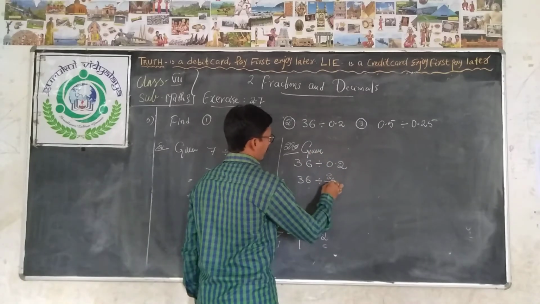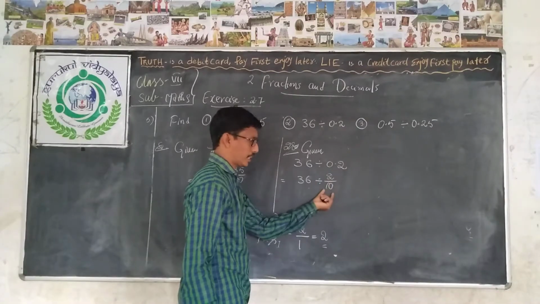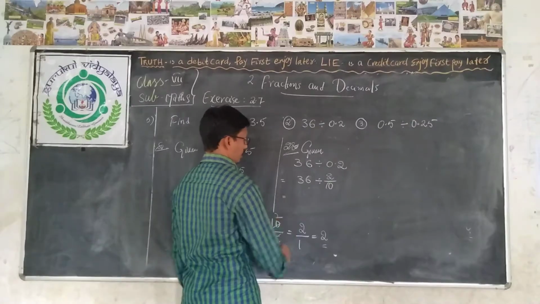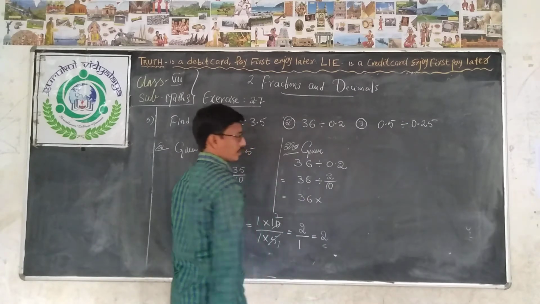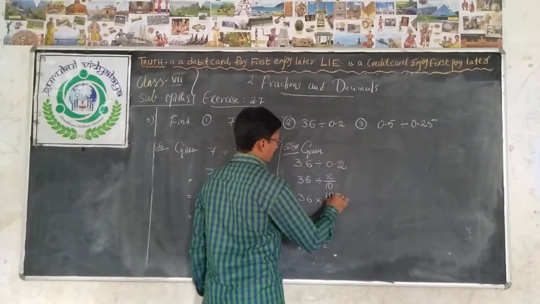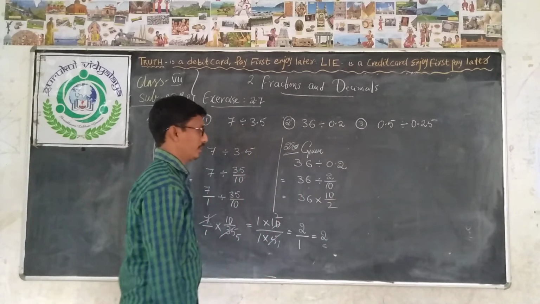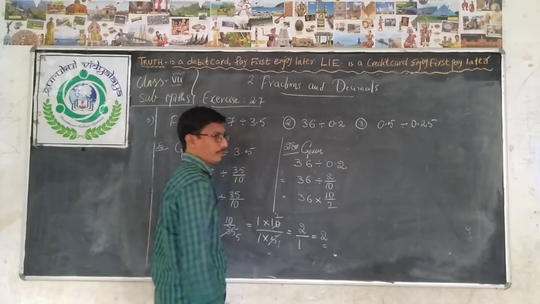Remove the point: 2 is in the tenths place, so 2 by 10. So 36 into, changing into multiplication, the reciprocal of 2 by 10 is 10 by 2. Okay. See now, 2 and 10 will be cancelled and 2 and 36 also will be cancelled.